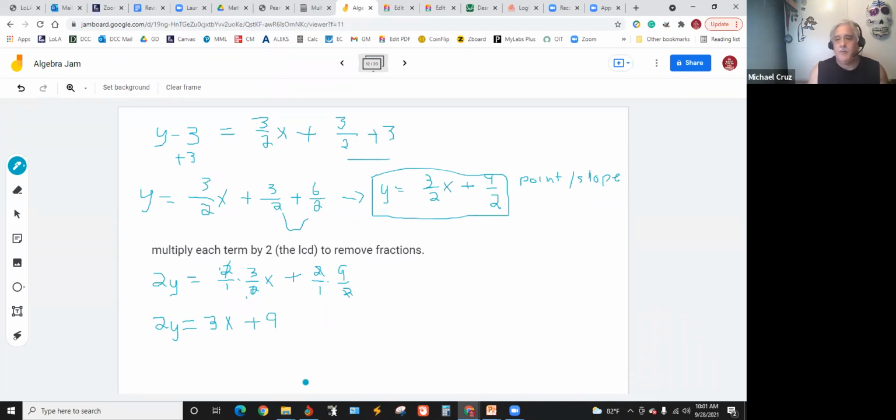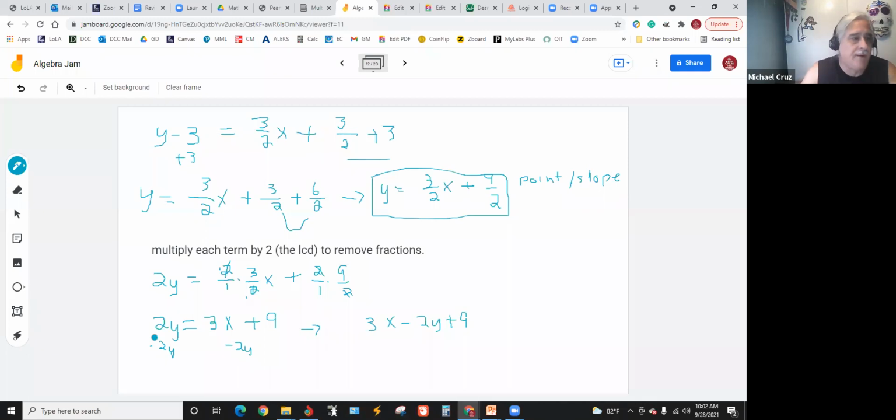All right, now I'm going to just take the easy way. We could subtract the 3x and subtract the 9, and that would be fine. But if we just subtract 2y, we've got them all on the same side. So this is going to be 3x minus 2y plus 9.